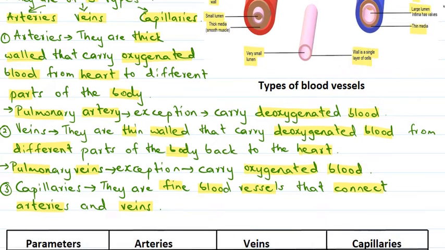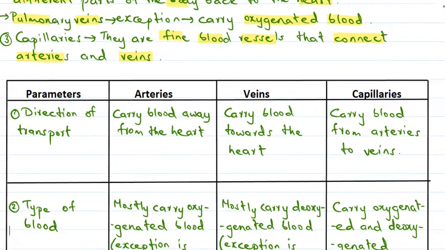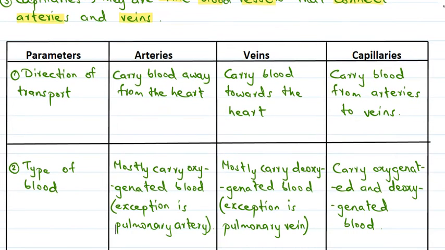Then we discussed the difference between the arteries, veins and capillaries. So the first parameter that we considered was the direction of transport. In case of arteries, they carry blood away from the heart, whereas veins carry blood towards the heart and capillaries carry blood from arteries to veins.